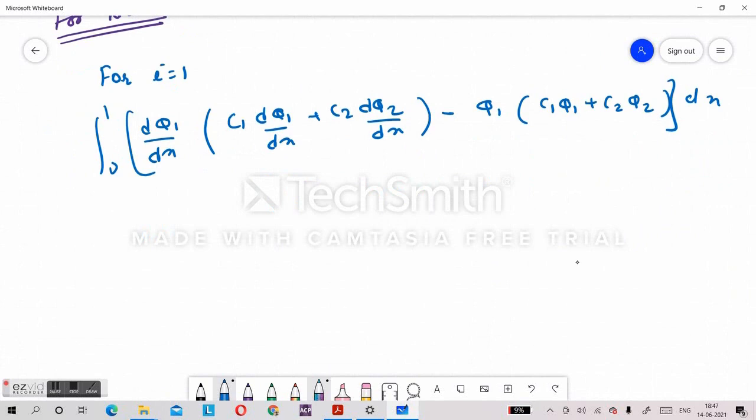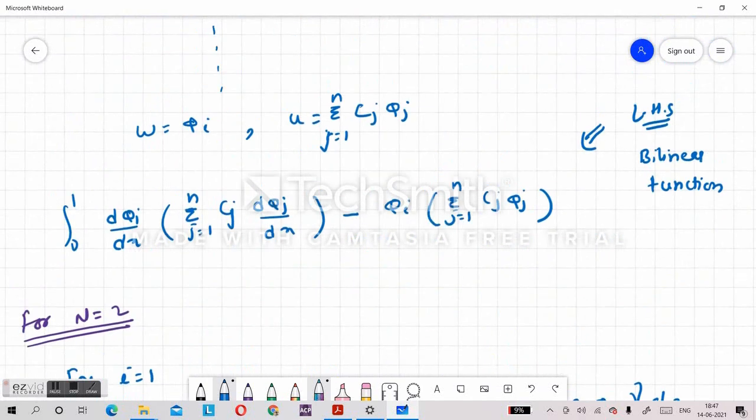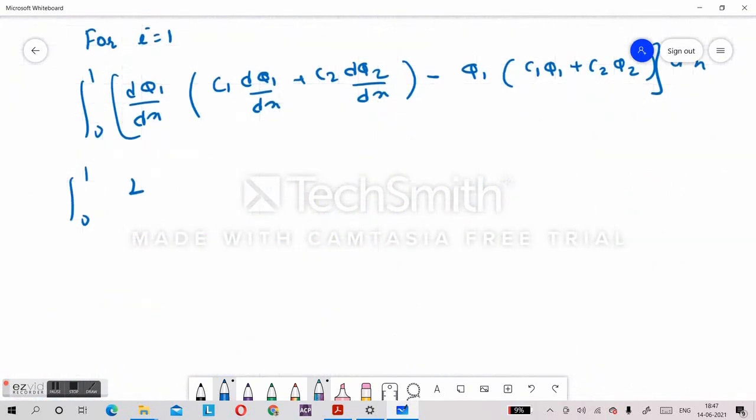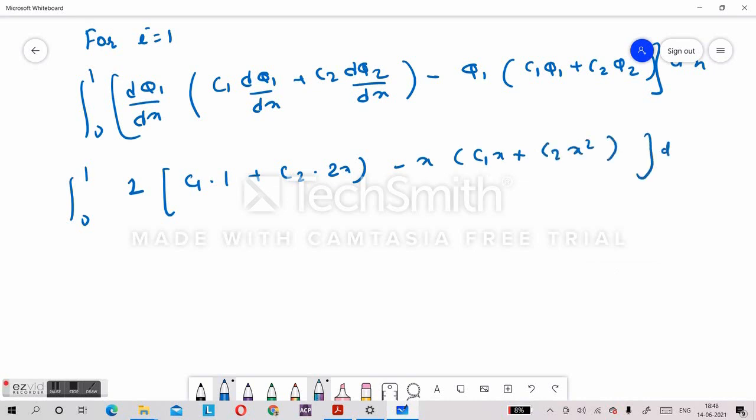Okay, so what is dφ1/dx? dφ1/dx is 1, which we found from here, and dφ2/dx is 2x, along with φ1 and φ2. So we put this here: 1 multiplied by c1 into 1 plus c2 multiplied by 2x, minus x times c1 x plus c2 x squared, and the whole term is dx.